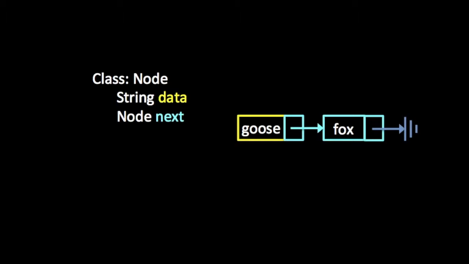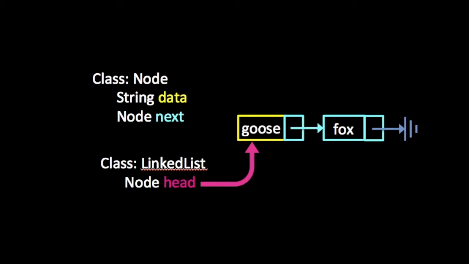The class is node, and one of the class's fields is of type node. The pseudocode representation of the class linked list is very simple. The class has only one field, and it's a variable of type node named head that points to the first node in the list. That's an introduction to linked lists in terms of pseudocode.